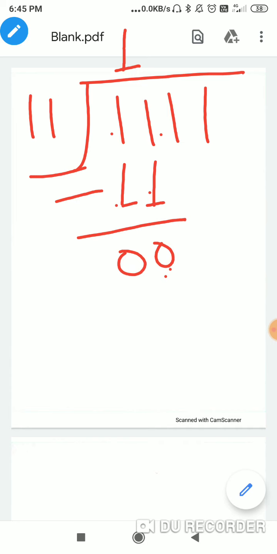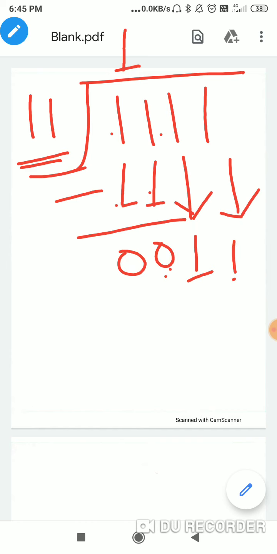Now we have to write 1 here. You can see 1 is smaller than 11. So what you have to do, you have to bring down the next digit at this place, but to do this you have to place 0 in the quotient here.